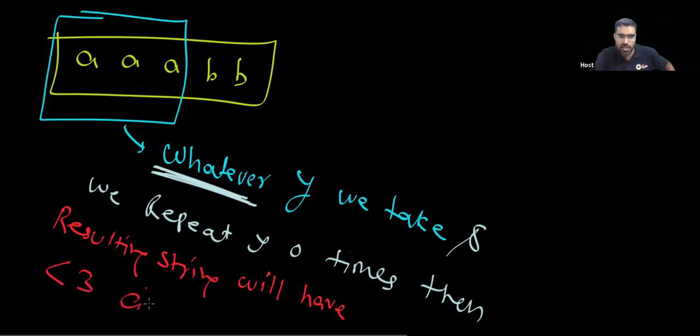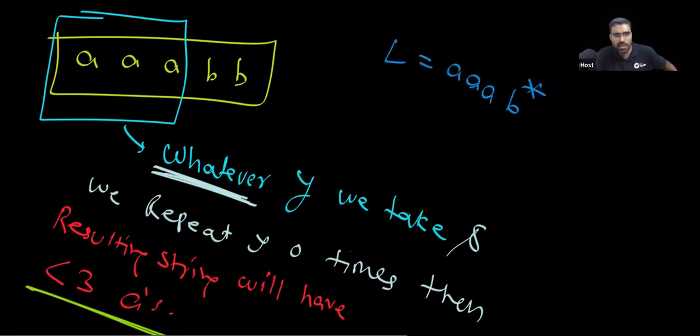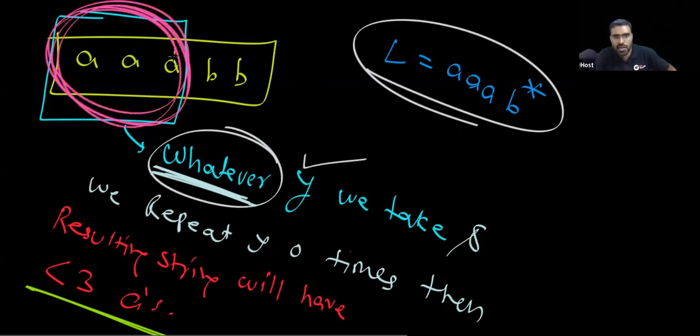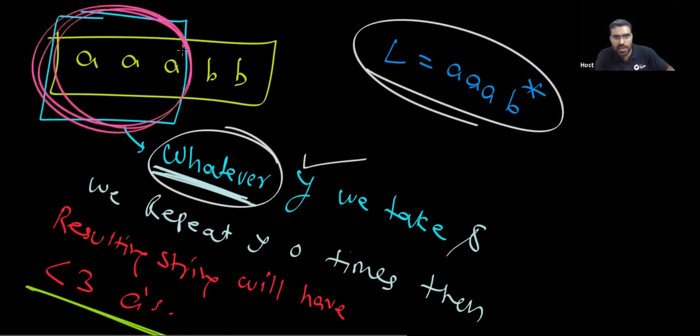If you have less than 3 A's, will it belong to the language? Your language is this. So can you notice no Y will work? Because whatever Y you take, for example if I take this Y and repeat it 0 times, the resulting string will be BB.